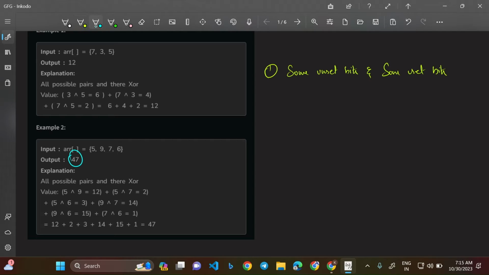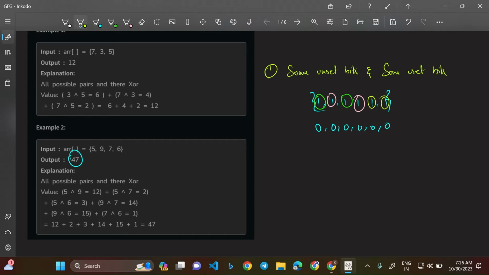Let us assume all the bits that we have are 1 1 1 1 1 1 1, or all 0 0 0 0 0 0. Take any two possible pairs among this particular set. Let us assume I'm taking this and this, or this and this, or these two.